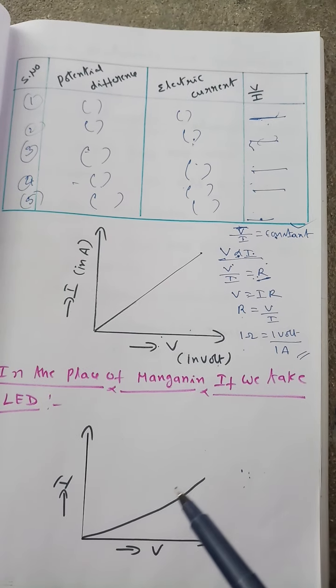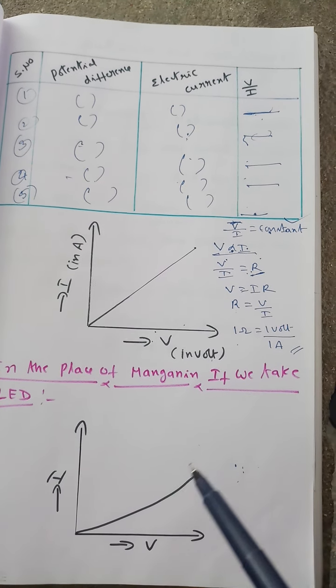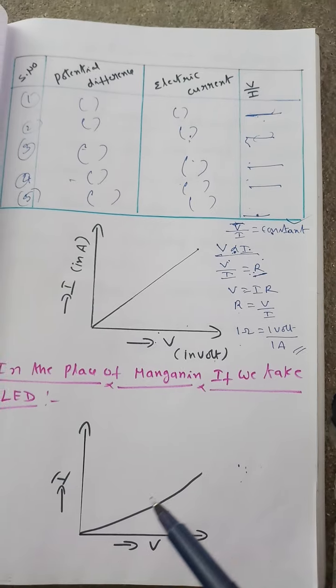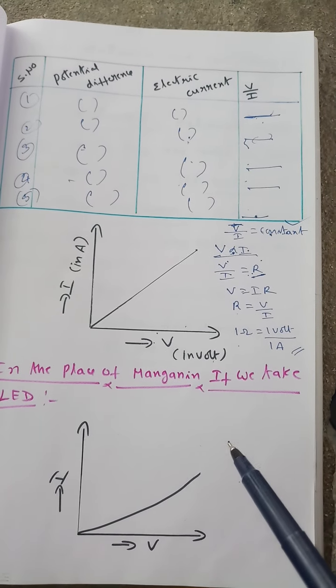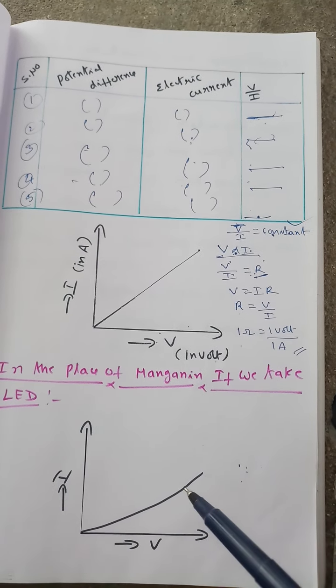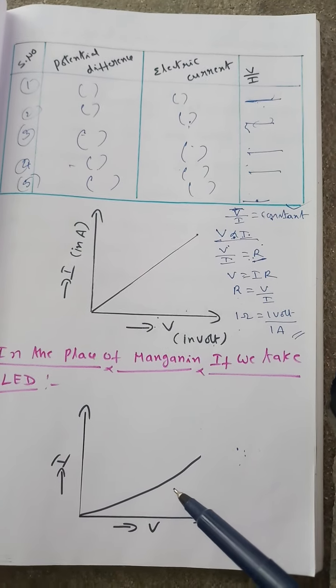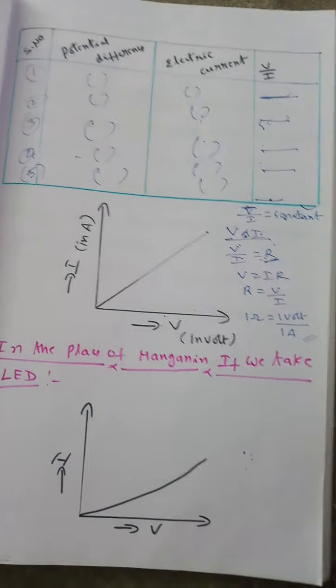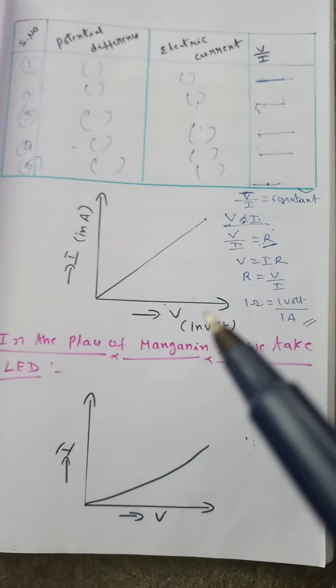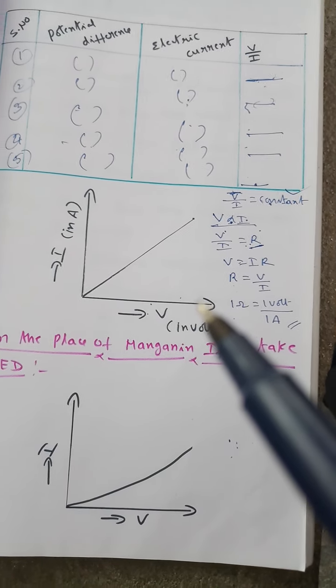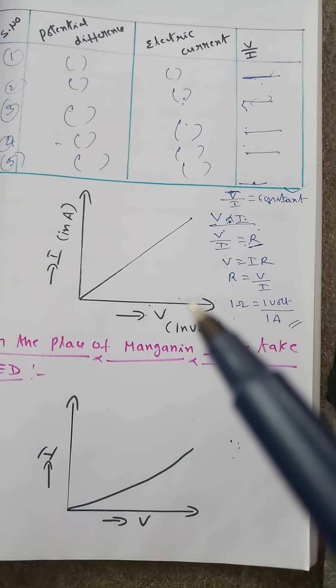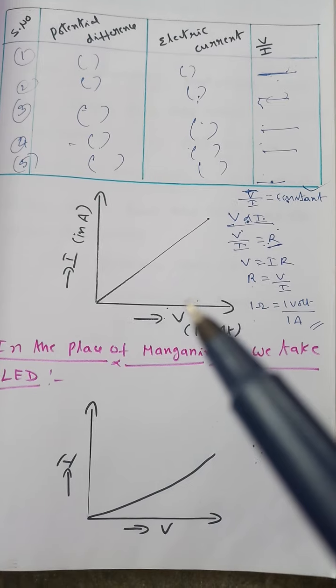When a graph drawn between any two physical quantities is curved, then those two physical quantities are not directly proportional. That means from this graph we can conclude that voltage and current are not directly proportional.